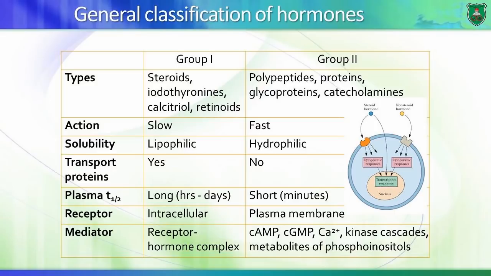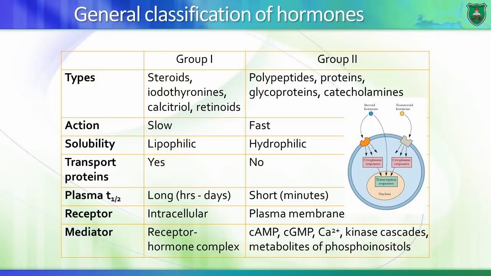That is, they influence gene expression. So it takes time to synthesize mRNA, then protein, modify the protein, and release the protein. It takes hours for this action to take place, and sometimes days, for a reason that I'll discuss in 5 minutes.